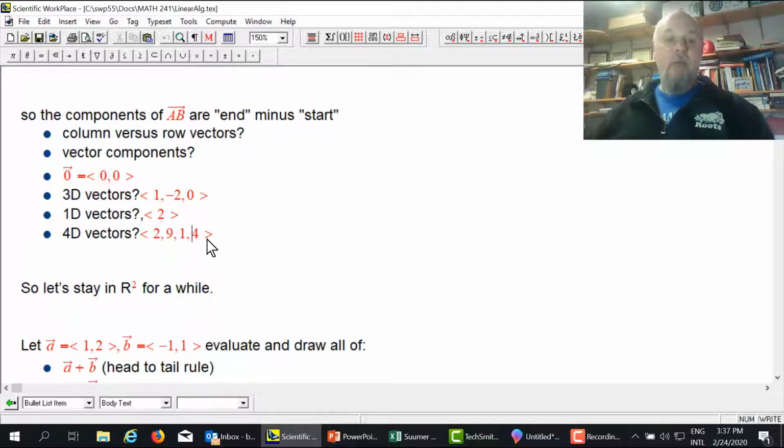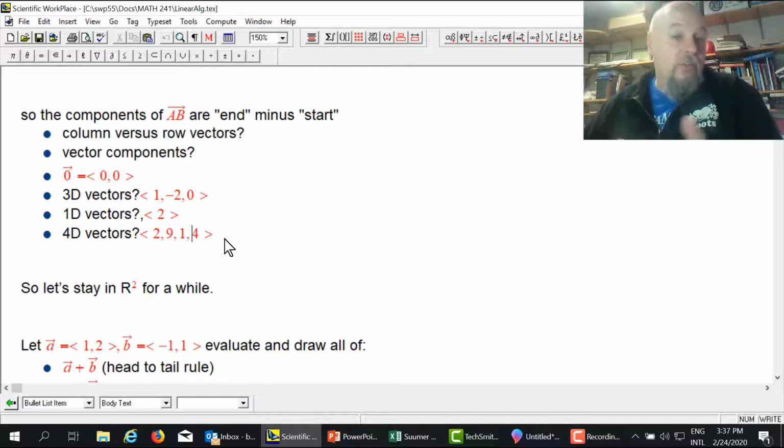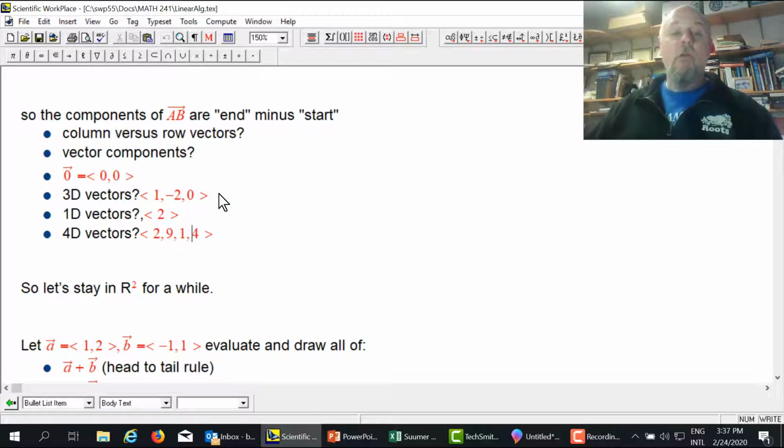I have to point at it and say it looks like that algebraically. We'll learn how to work linear algebra in 2 dimensions and 3 dimensions, because we can draw it. Once we know how it works there, we can extrapolate our methods up to 4 dimensions, 5 dimensions, n dimensions. But for now, let's stay in R2.